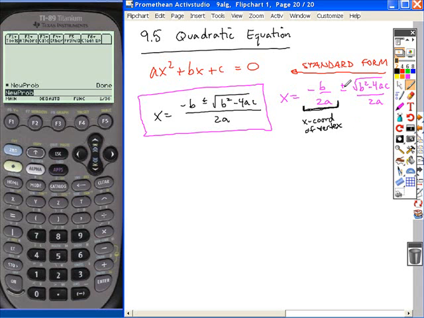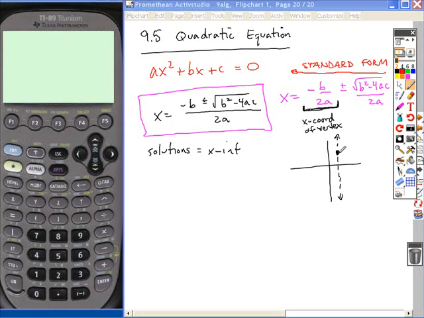Now, would it make sense that that change, so if you're plotting, let's say your vertex is right here, with this vertical line of symmetry passing through it, would it make sense that the next x value, or when you're looking at the solutions, which when you're solving an equation mean x-intercepts, it's the location where the graph passes the x-axis.